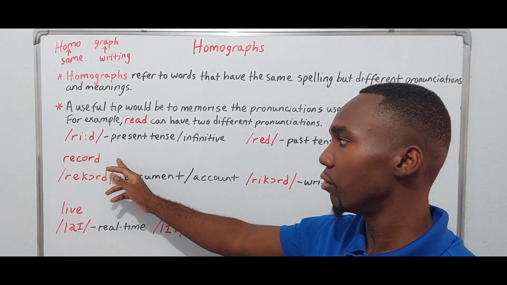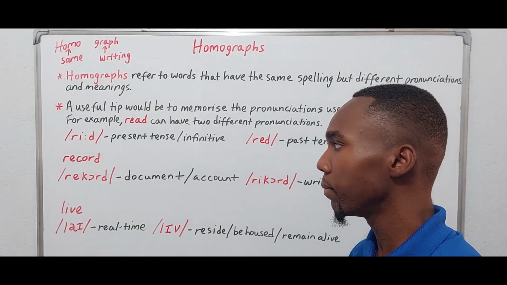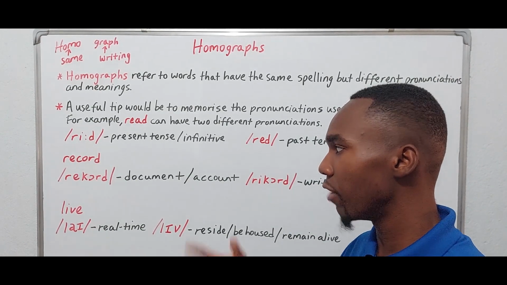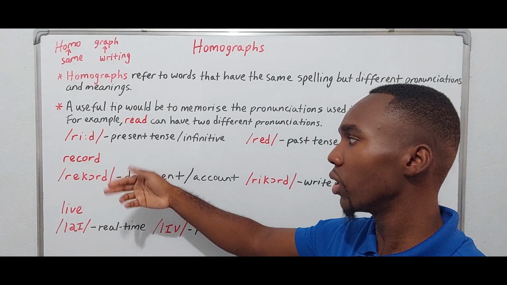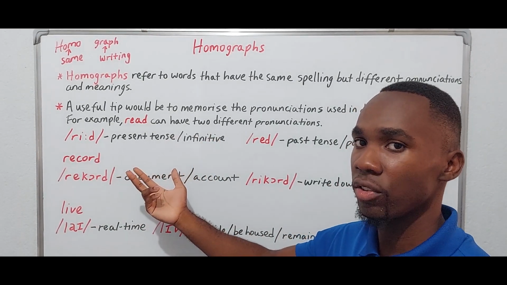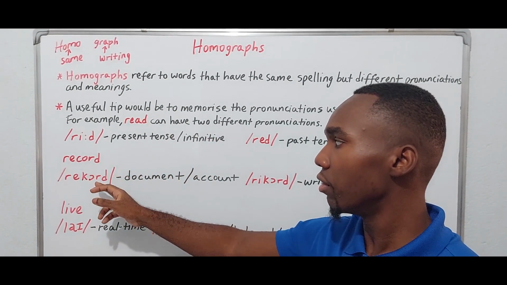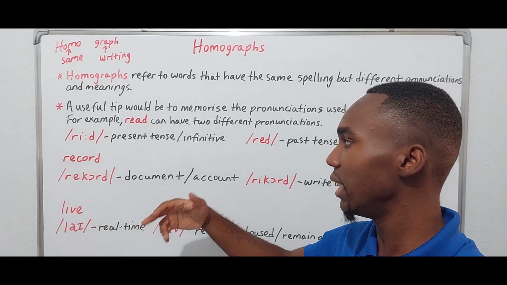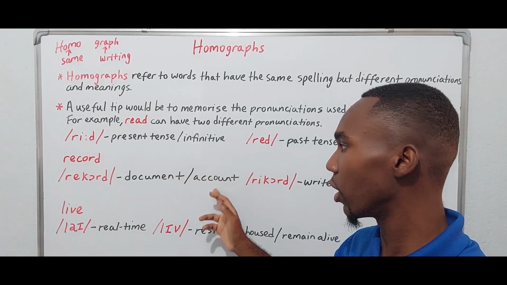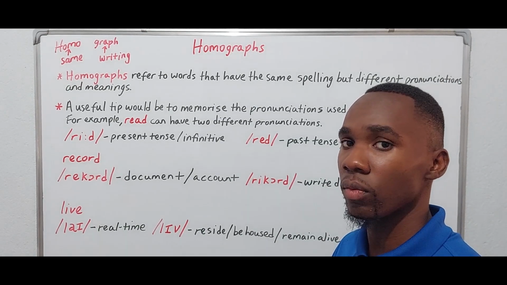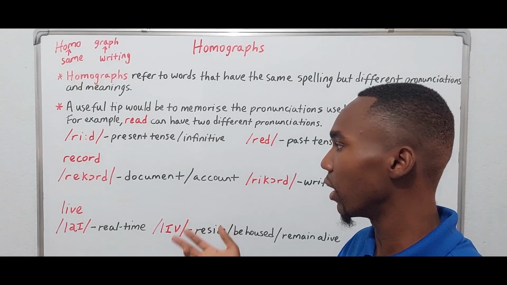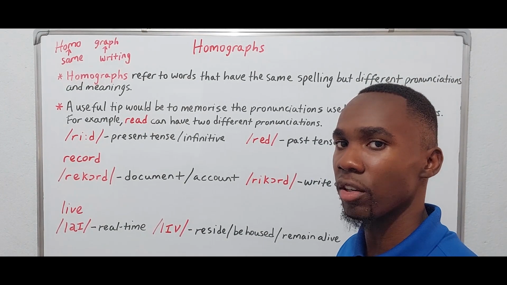We have record, right? So let's just say we have this word. This word could be pronounced in two ways, right? We have record, which means a document or account, and this is used as a noun. So it is like a documentation of something, a record.